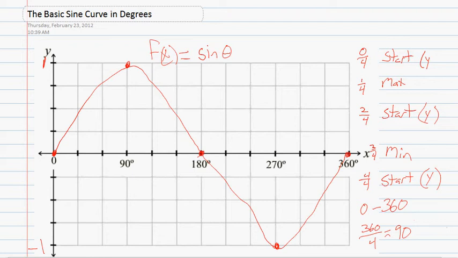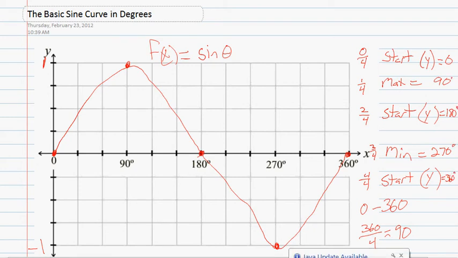So we start at 0 degrees, and then my max is at 90 degrees. My half is at 180. We're just breaking this down into quarters. 3/4 is 3 times 90, so that's 270. And then we come back home at 360 degrees, and these should all be degrees.